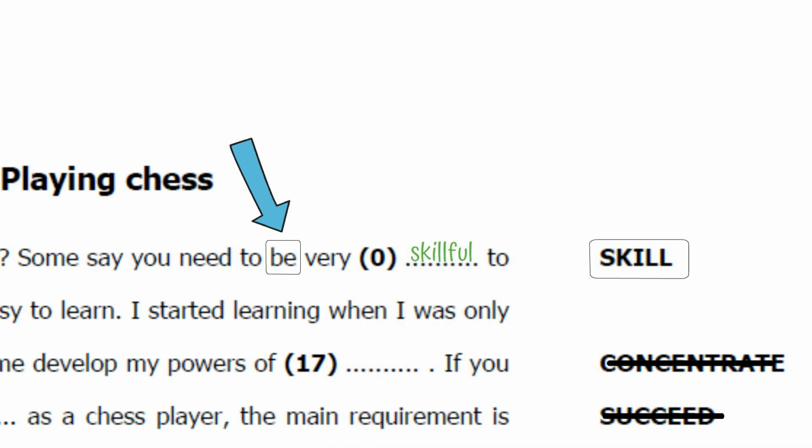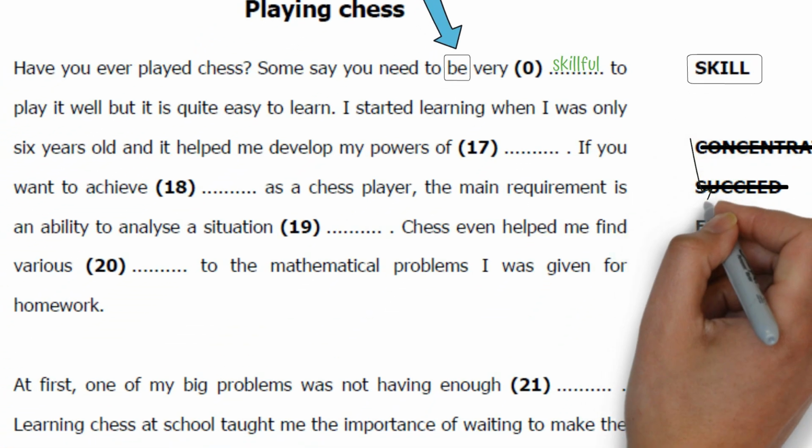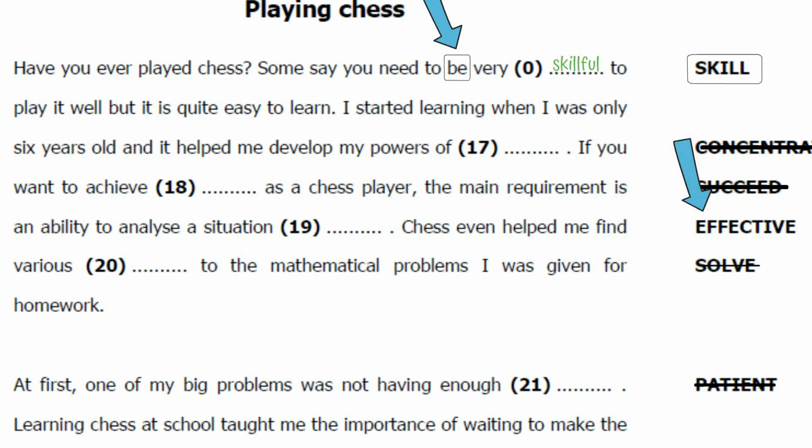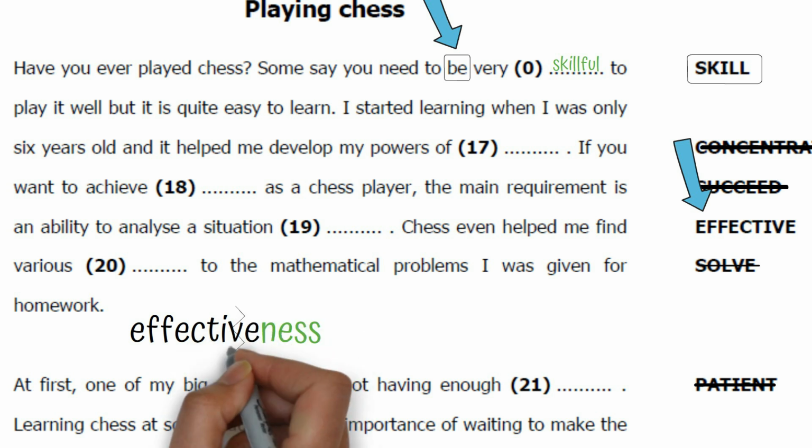Let's take a look at number 19 and the root word effective. The word effective is an adjective. We need to change this into a verb, adverb, or noun. The noun form of effective is effectiveness, but the sentence situation effectiveness doesn't make sense here.